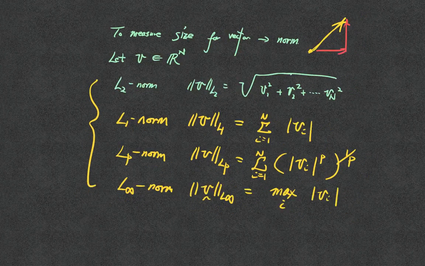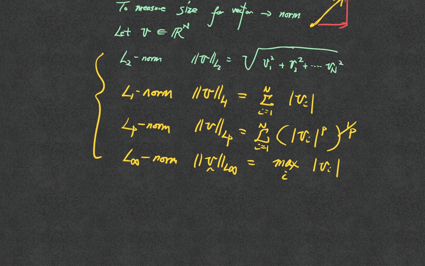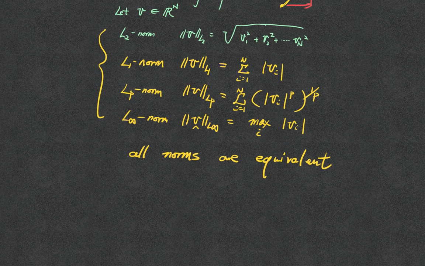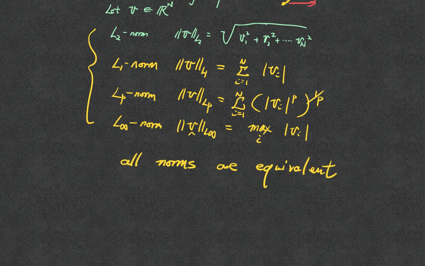Okay, so there's another concept that I really want to talk about, that all of these norms are equivalent. What do I mean? Do I mean that the numbers are identical?